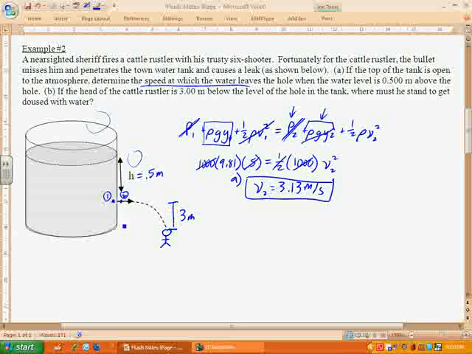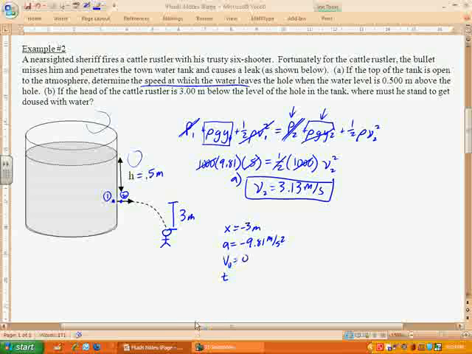So the equation that we will use is x equals v naught t plus 1/2 a t squared. So this term goes away because the initial vertical velocity is 0, so it'll be 1/2 a t squared equals -3, so -3 equals 1/2 times -9.81 t squared.